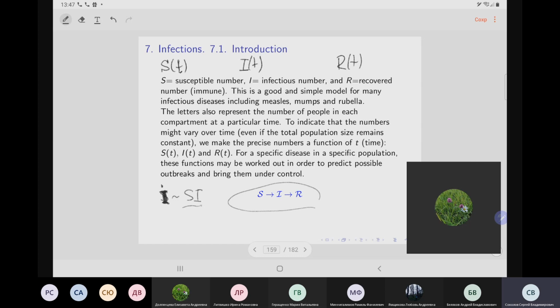And if we consider a disease like flu or something like this, there is some coefficient that is responsible for the transition from I to R. For example, if we consider the simple flu, it is like 1 or 2 weeks. Usually after a week, everyone who is sick becomes recovered and immune.